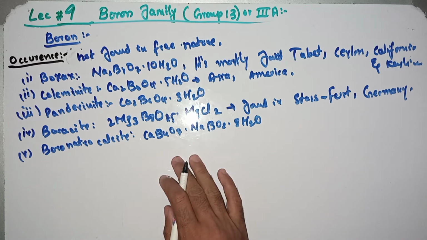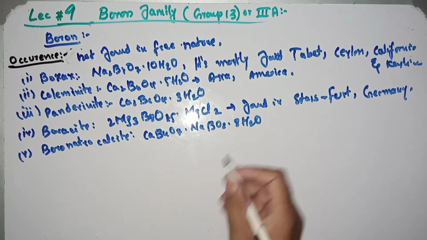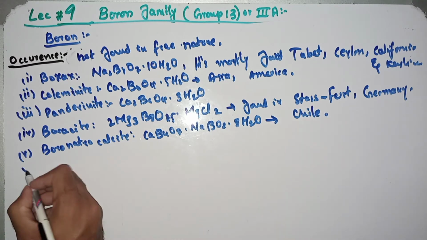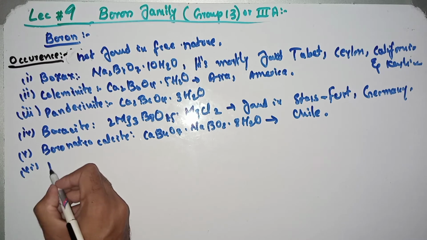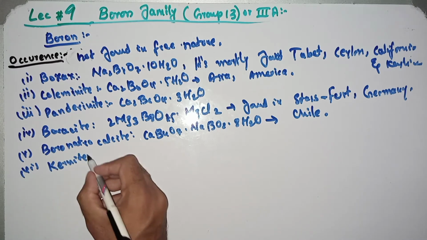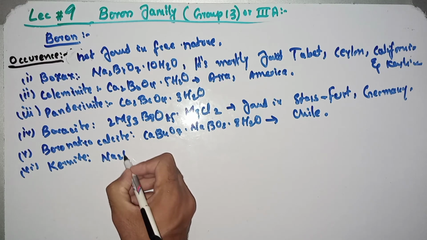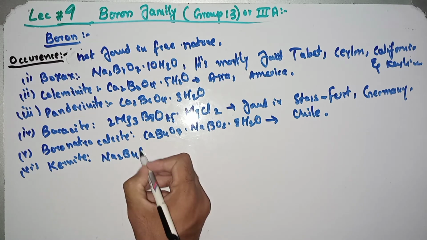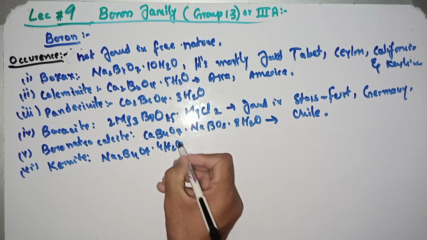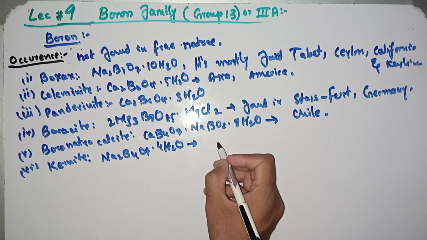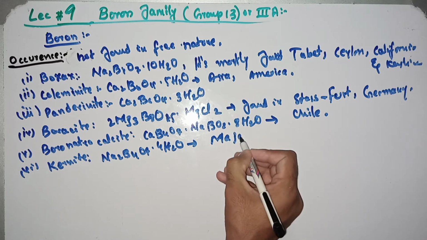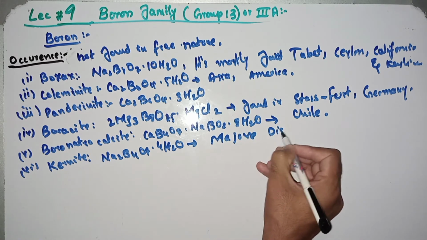Boron can exist in this form. It is found in Chile. Similarly, boron can exist in the kernite form. The formula of kernite is Na2B4O7.4H2O. It is found in the Mojave Desert in America.